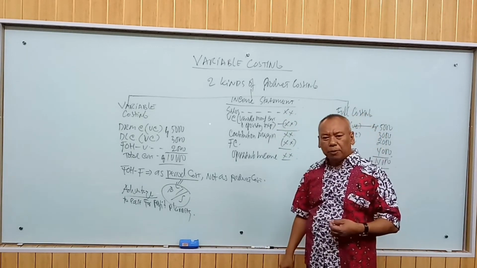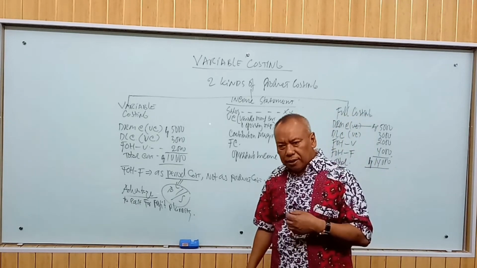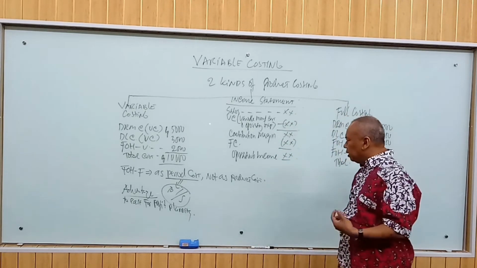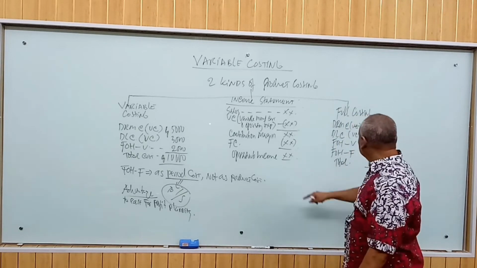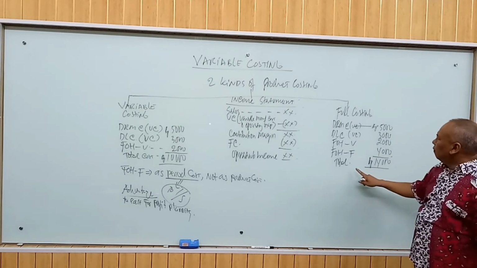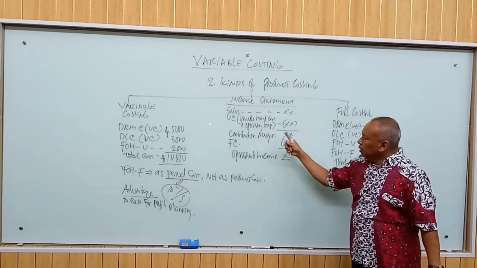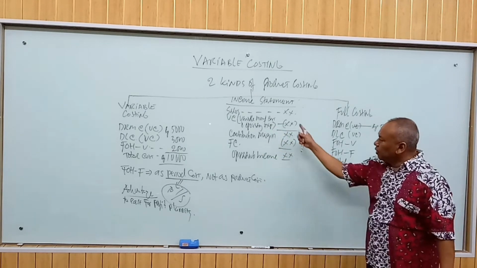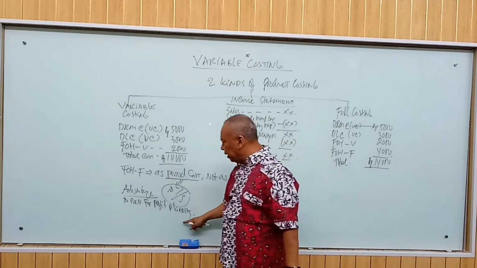So whether we produce or not, the factory building is still depreciated. We cannot use full costing for the management for this purpose, for the profit planning.